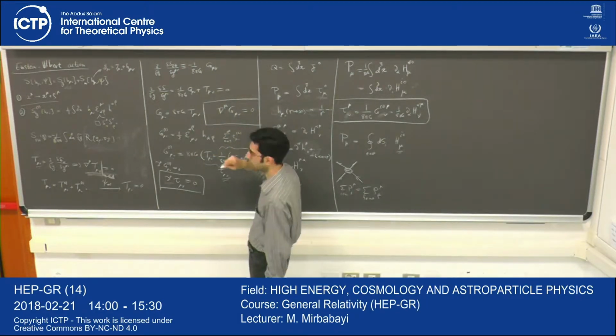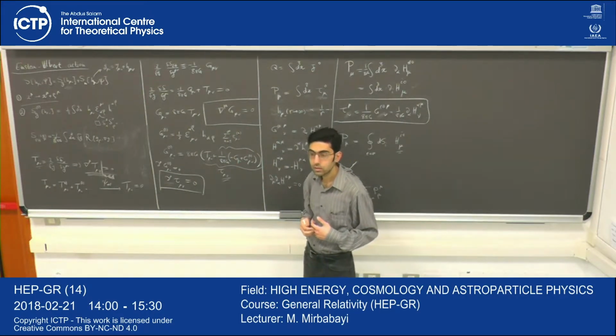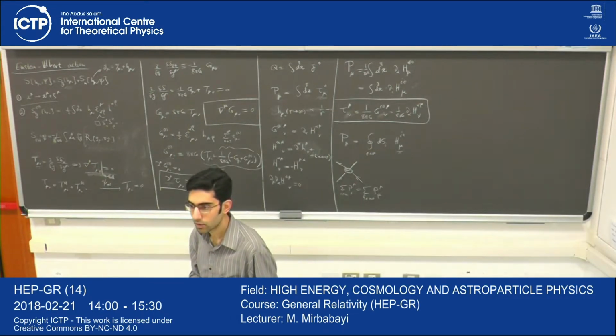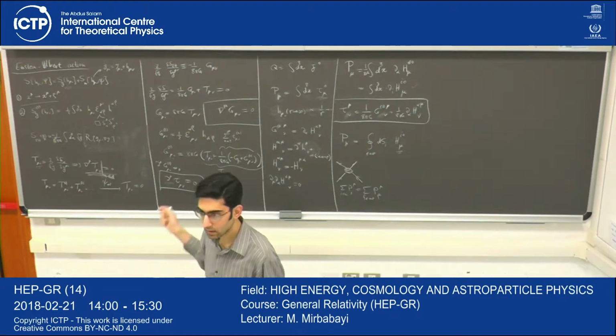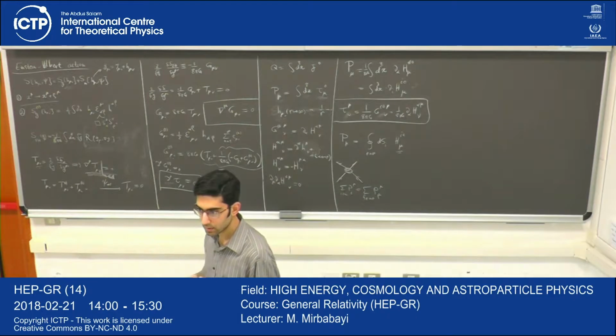What is the geometric interpretation? Sorry? What is the geometric interpretation of G mu nu and the fact that it's covariantly conserved? Well, I haven't talked about geometry yet.